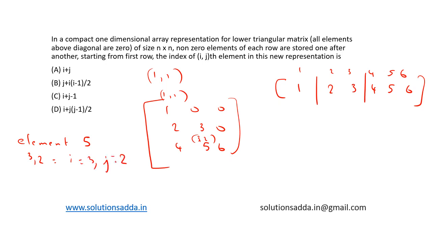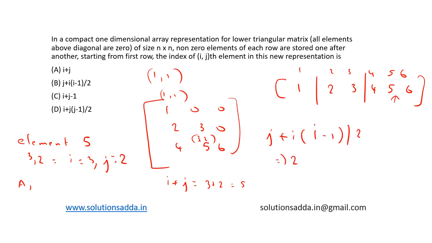Now let's calculate. Option 1, i plus j, which is equal to 3 plus 2 equal to 5. Yes, this can be a potential answer. A is true in this. Second one is j plus i into (i minus 1) by 2.